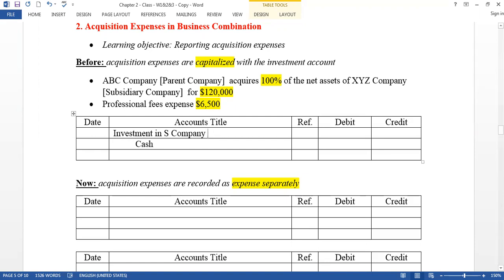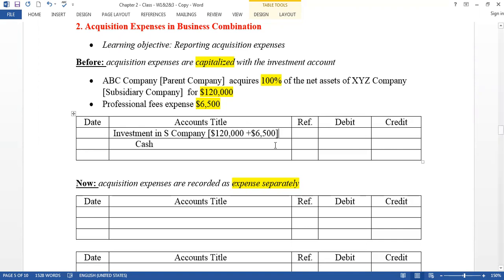To do so, we calculate like this: 120,000 is the investment, because you paid $120,000 for this investment, and in addition you pay 6,500 as brokerage fees or professional fees. Some brokerage firms help you to buy this company.